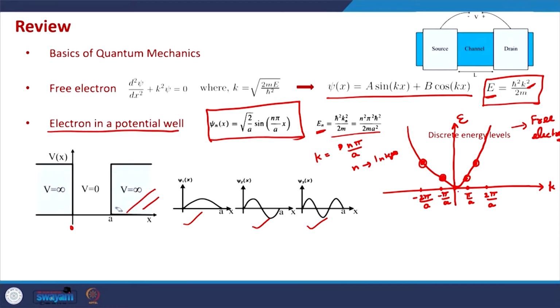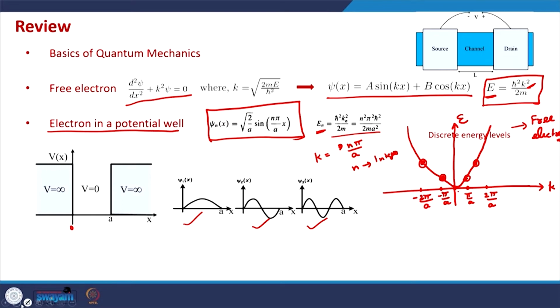So, V is no longer infinite, and in those cases also we can solve the Schrodinger wave equation and find the electronic wave function, which will basically be like a hybrid of the free electron and the electron in an infinite potential well.